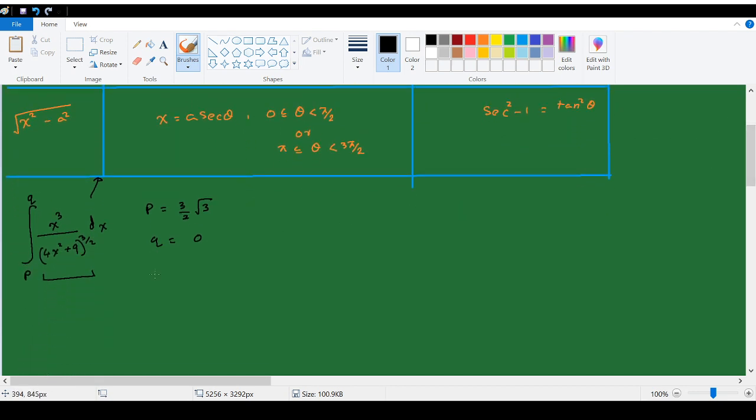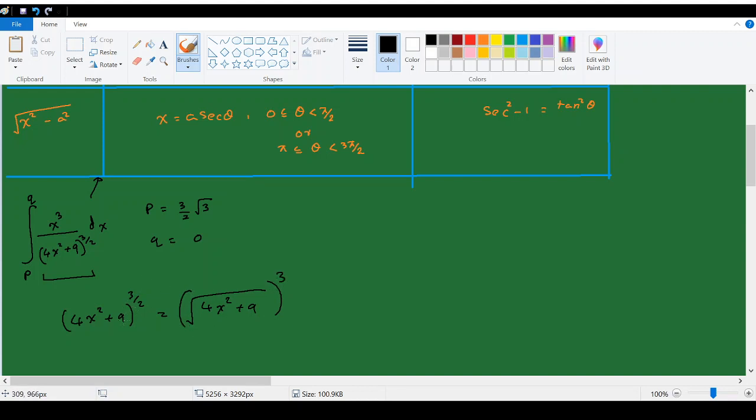So rearrangement in the sense you can just write this (4x squared plus 9) to the power 3 over 2 as the square root of (4x squared plus 9), raised to the power 3, right?